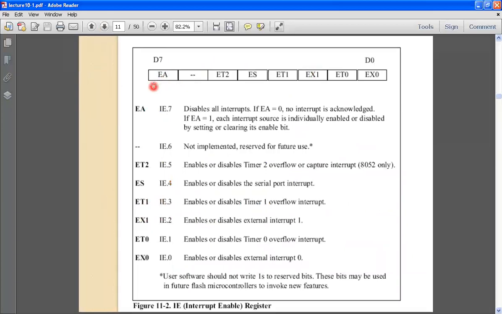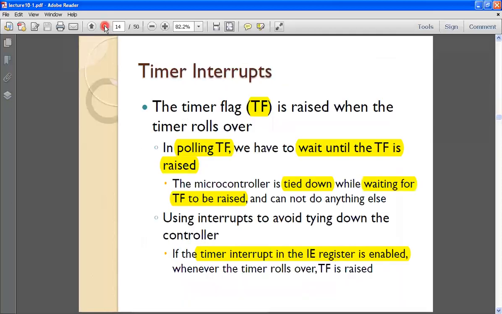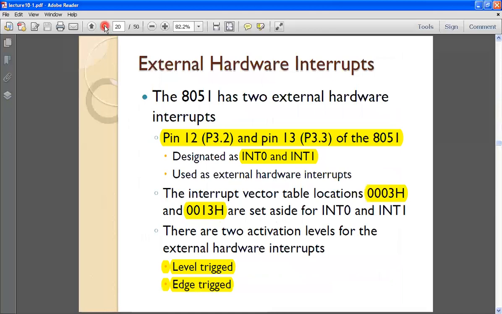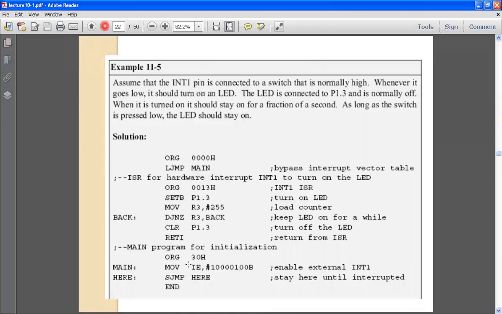Since we are using external hardware interrupt 1, this bit is 1 and the others are 0. Therefore here: MOV IE, #10000100B, and SJMP here.